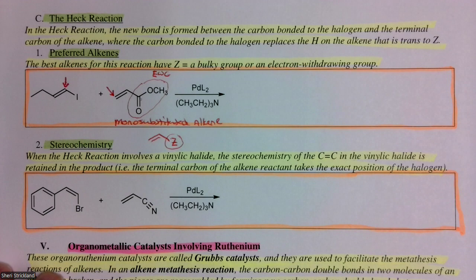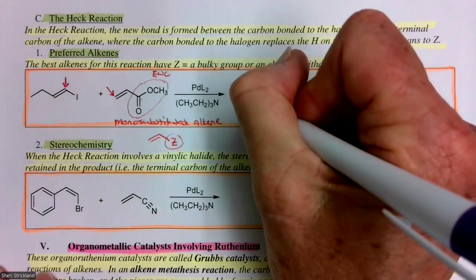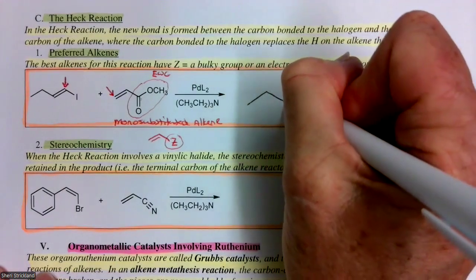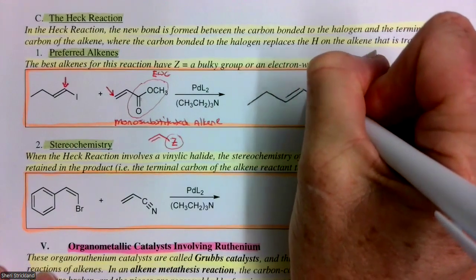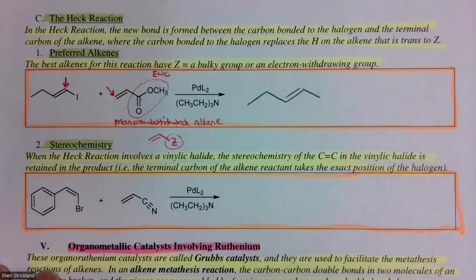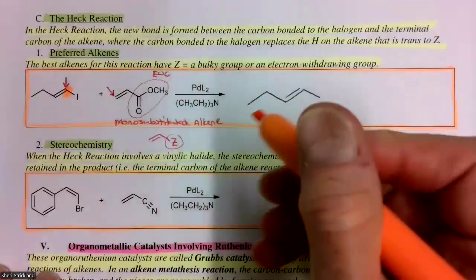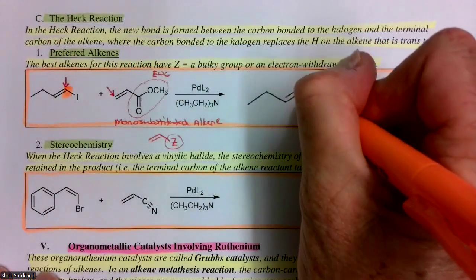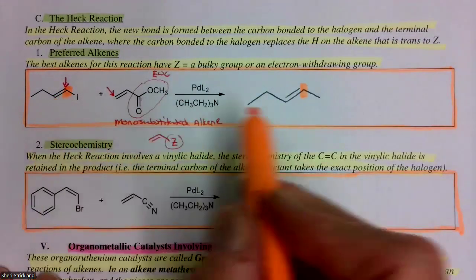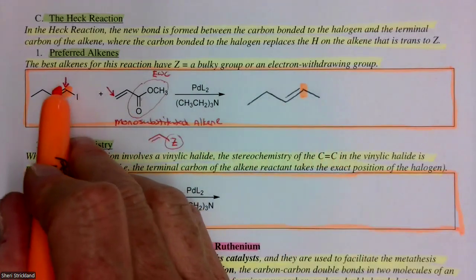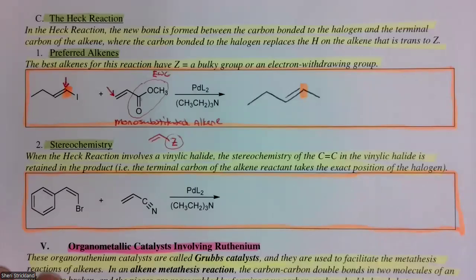So in this case, this is the carbon from the halogen, and it's bonded. The new bond forms exactly where the old bond was.